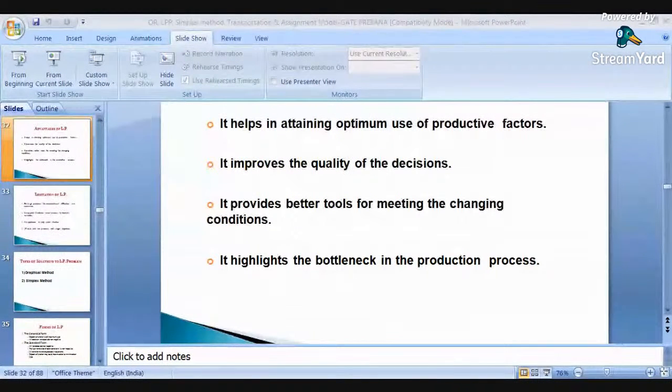Then we move vertically, where 17 was the demand and 65 is available. Here the allocation is done, that is 70. Similarly we proceed, and finally we can calculate the total cost.